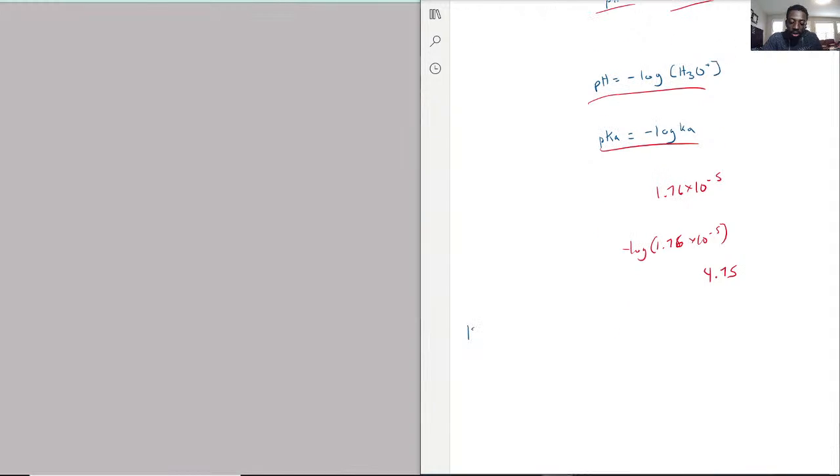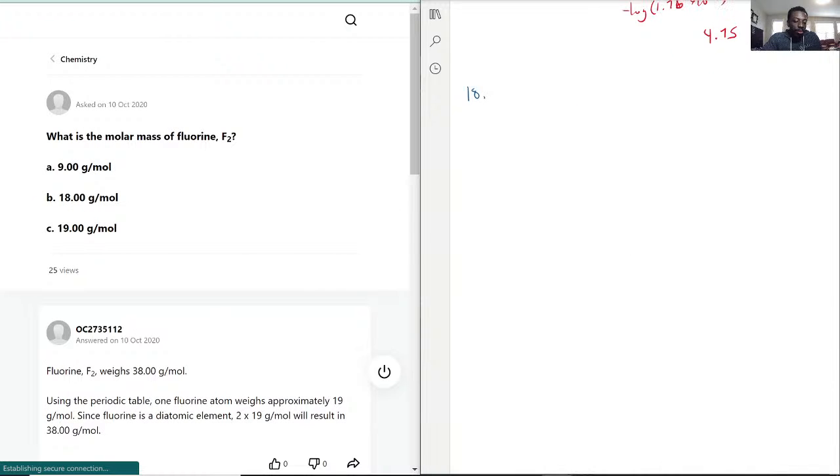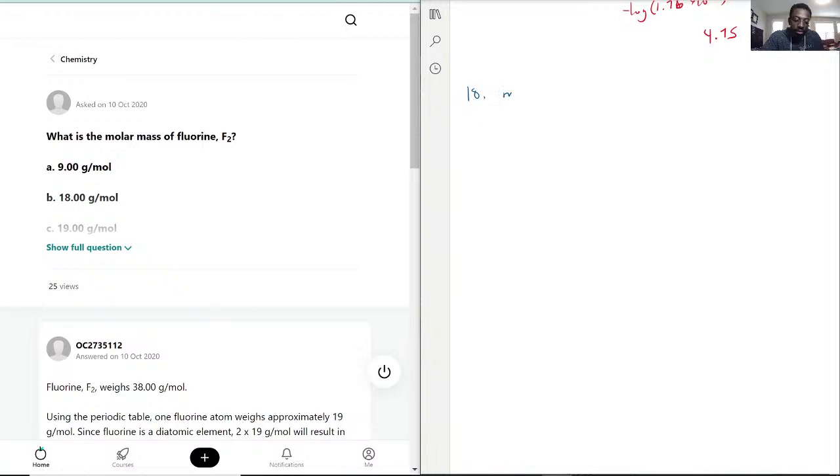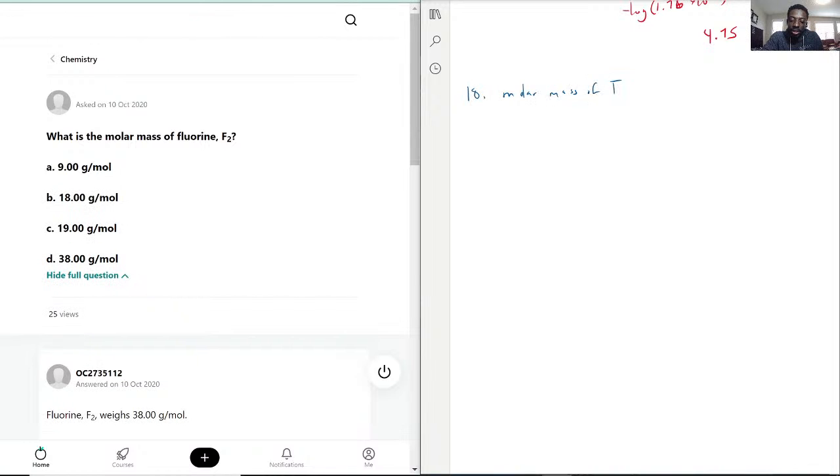Okay, now question 18. What is the molar mass of fluorine? I'm actually going to pretend they didn't tell us that it's F2.